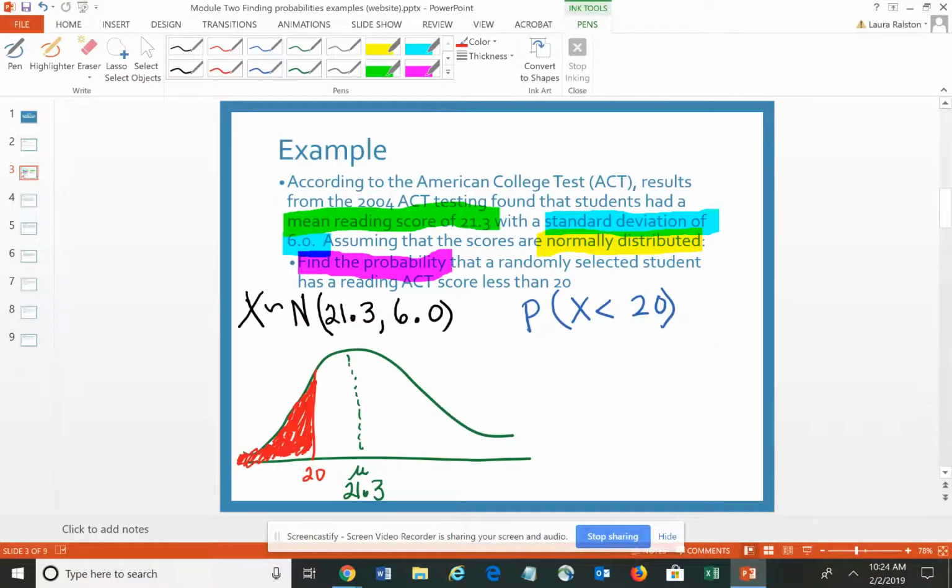So I'm going to go back and write that down. The probability that I am less than 20 is 0.4142. Now that's a decimal.